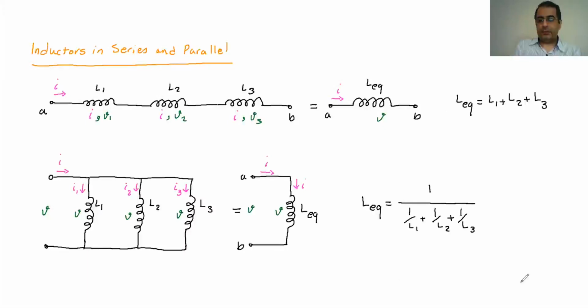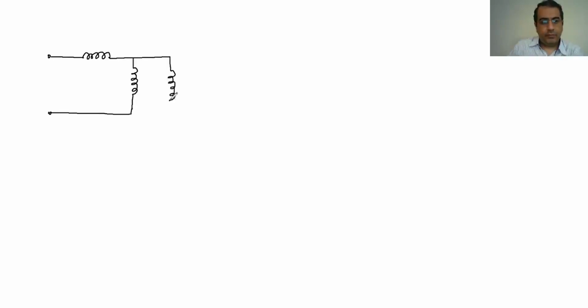Let's look at a quick example to see how we can use it. For example, if we have an inductor like that, and then we have one here, and then the second one here, and then the third one.